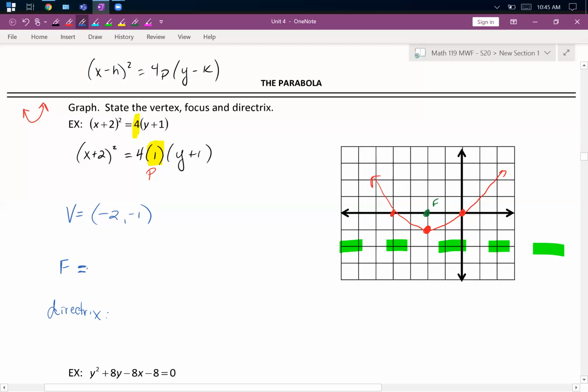Our focus is located at -2, 0, and our directrix, this time we have a horizontal line, and horizontal lines are always y equals a number. Our directrix, y equals -2. Questions, anybody, on the parabola so far?